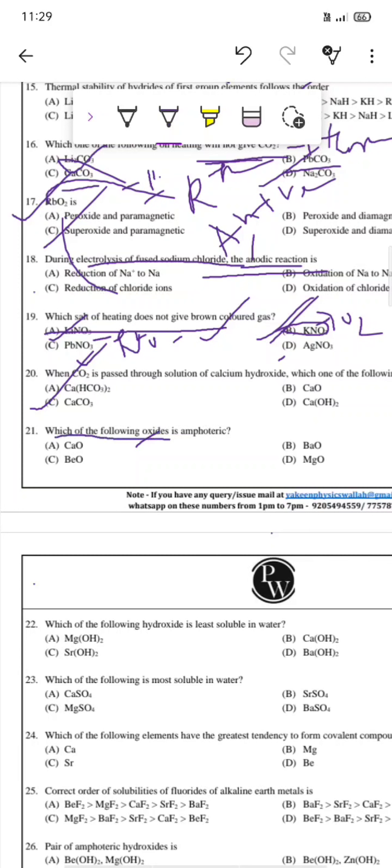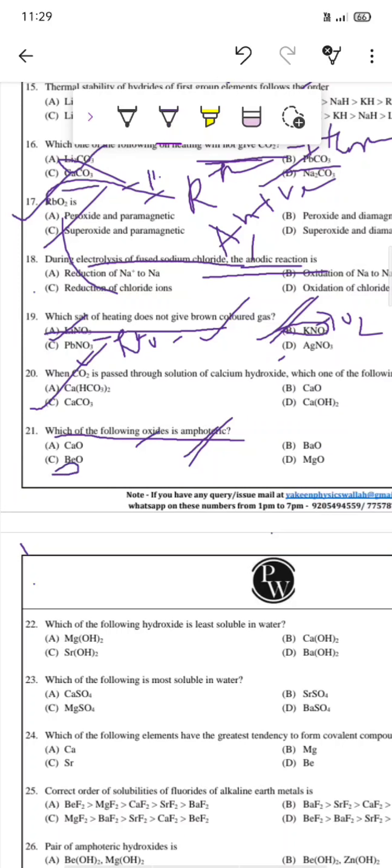Which of the following oxides is amphoteric? Amphoteric means both acidic and basic. Basic strength increases down the group, so BeO, MgO, CaO are basic, and this one is not basic.